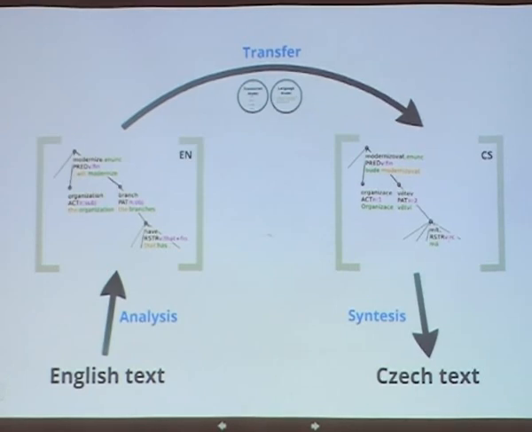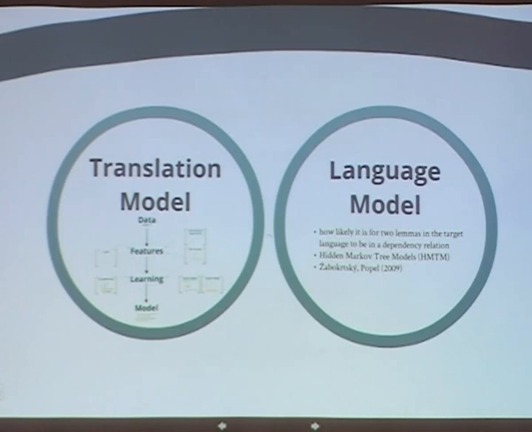I concentrate on the transfer phase here, and this transfer consists of two models that interact with each other. The first one is the translation model and the language model.